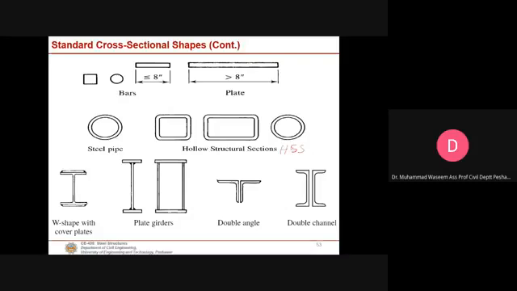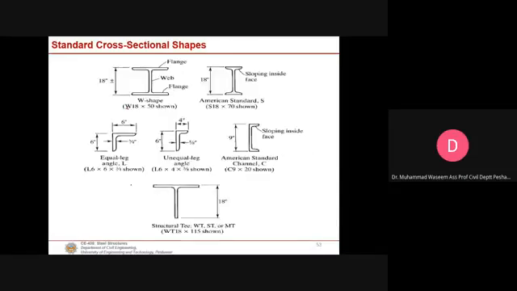Then you can use a wide flange section together with cover plates. For example, the demand on your structure is very high, so you need a deeper section, and there are no standard sections that deep.